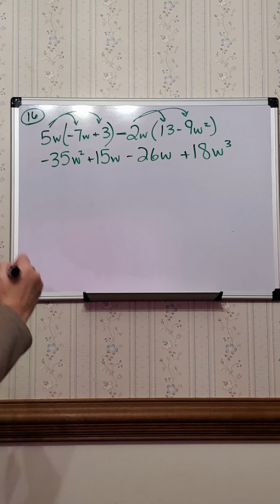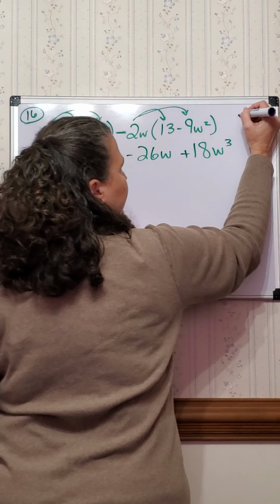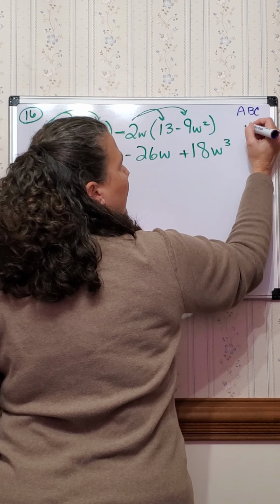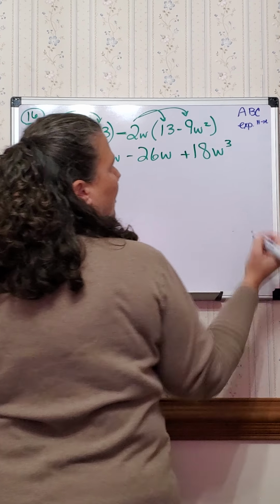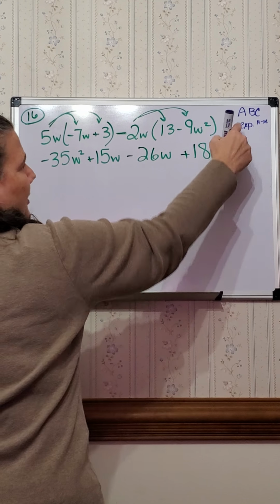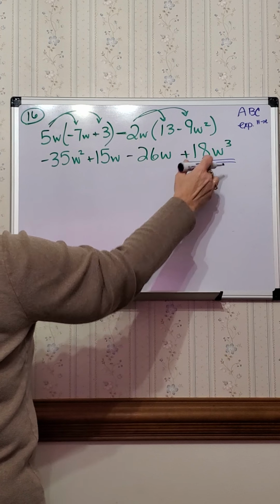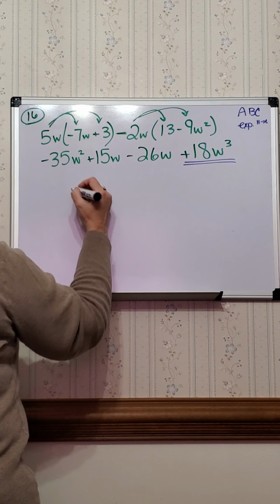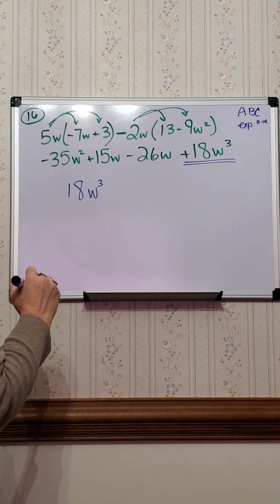Now, remember our rule. We always have to start ABC order first, and then we order from exponents. We go from the highest to the lowest. So, since we only have one letter here, we're going to look at our exponents. This is our highest exponent, so when we write our answer, we're going to have to start with that highest exponent. So I'm going to bring that down, 18w to the third.